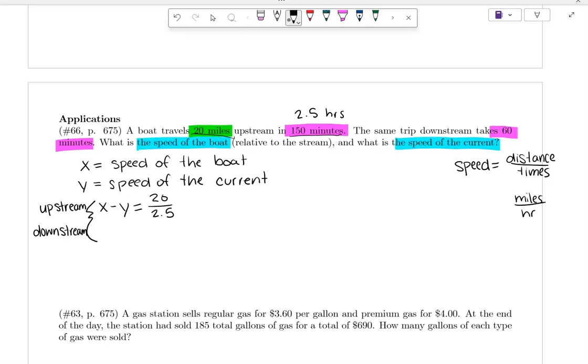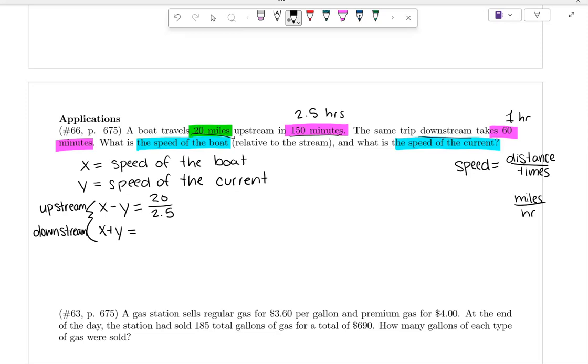And then downstream, if you're traveling downstream and the current's going with you, what do you imagine you're going to do to those variables in the equation? Somebody said add. We're going to add them because they're going together. Okay? So we have x plus y equals, and then same thing over here, except we're going for 1 hour downstream.